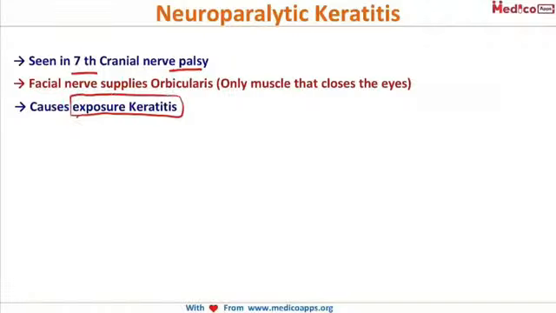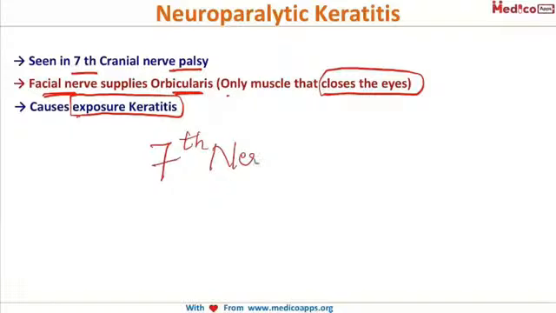That is, the cornea is exposed to the external environment because the facial nerve, that is the 7th nerve, supplies the orbicularis. We have learnt earlier that orbicularis is the only muscle that closes the eye. So now when the lid that closes the eye is paralyzed, obviously the cornea is exposed to the environment, causing exposure keratitis. This is termed as neuroparalytic keratitis. It is 7th nerve palsy.